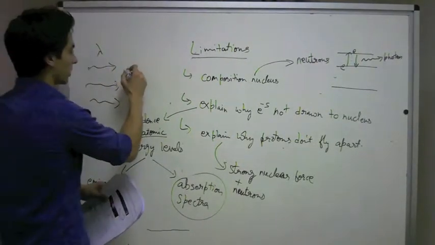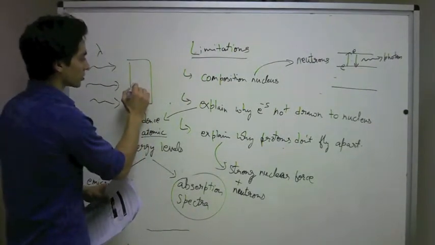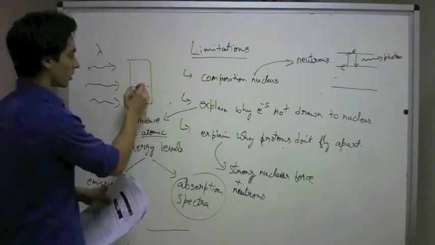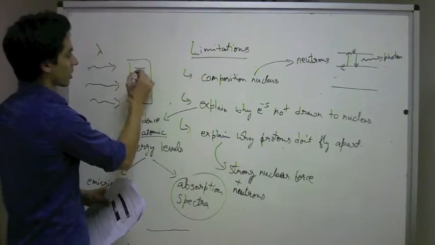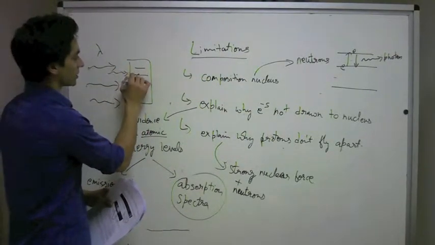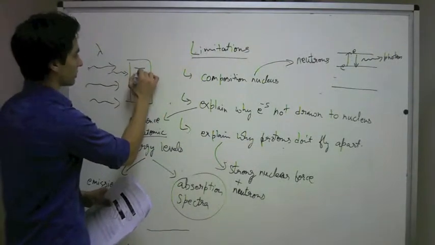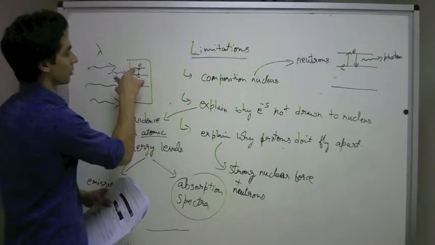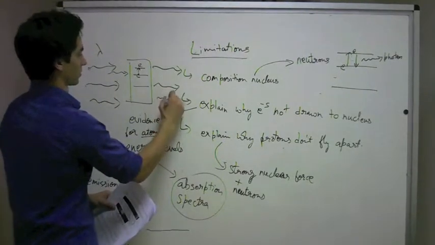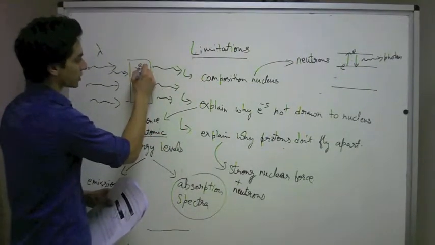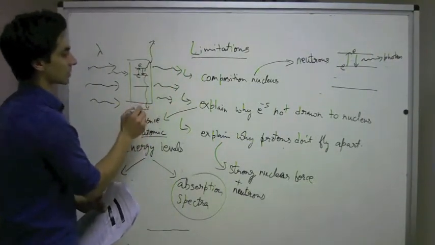When it reaches the sodium discharge tube, the tube has atoms which have electrons existing again at discrete energy levels. Now when the particular photon appears here, which is going to excite this electron to the next energy level, this photon will be absorbed and the electron will be moved up to a higher energy state, whereas the rest of the photons will pass through. And when this electron falls back down, the photon is emitted in various directions.